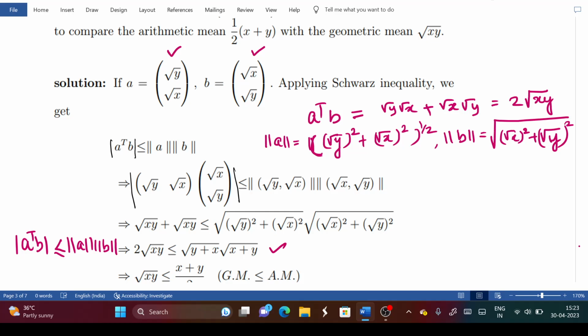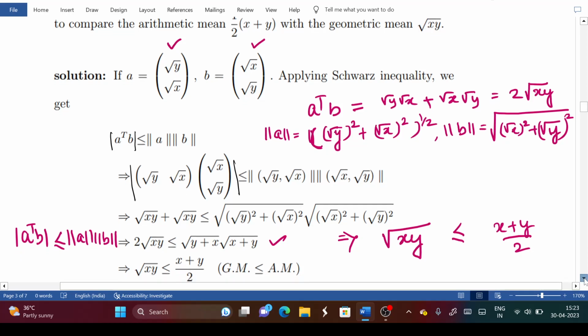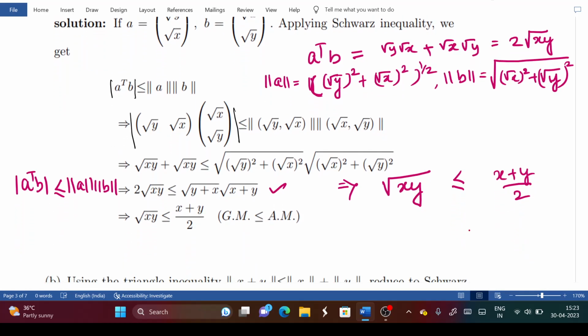That implies, again taking the half to that side, root over xy is less than or equal to, this x plus y is equal to y plus x, so we get x plus y by 2. That is the arithmetic mean, and the previous was the geometric mean. So the geometric mean is less than or equal to the arithmetic mean. Hence proved.